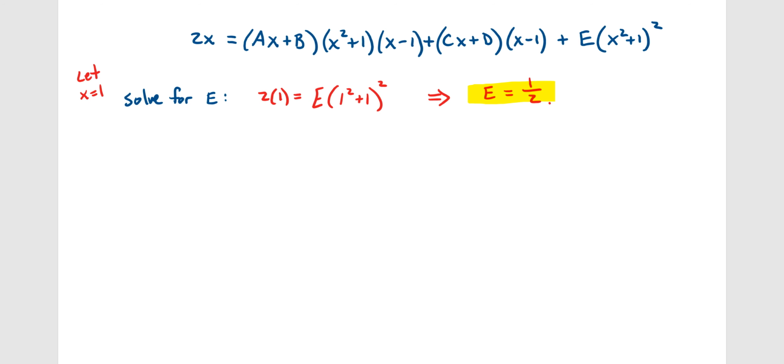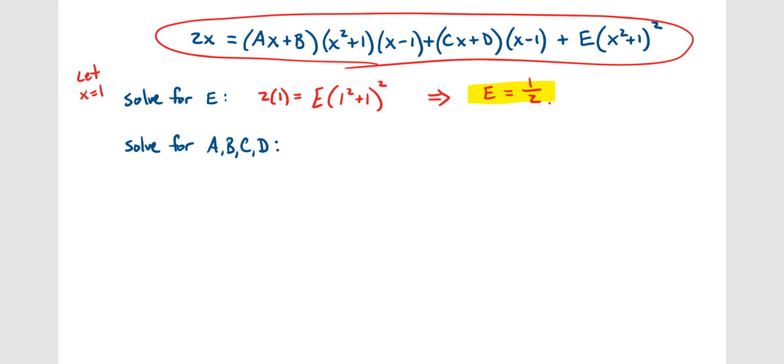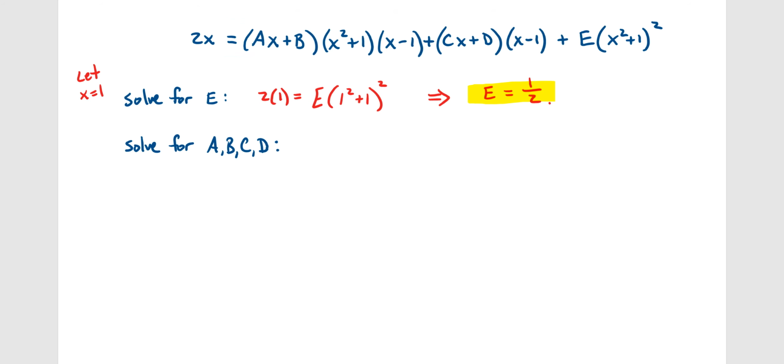So now to solve for a, b, c, and d, what we actually have to do here is completely distribute everything on this right-hand side. So I'm not going to go through and actually do that. That's just going to be super messy.